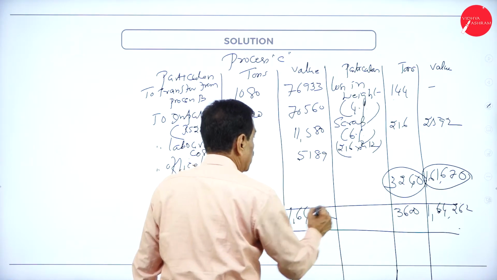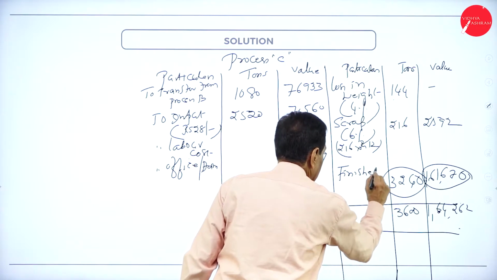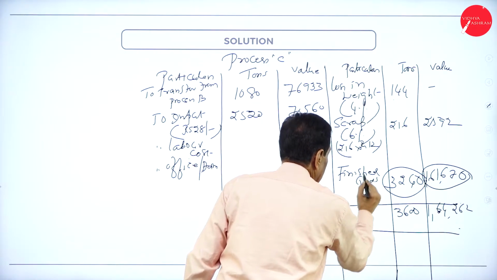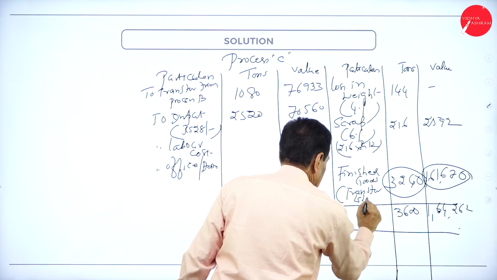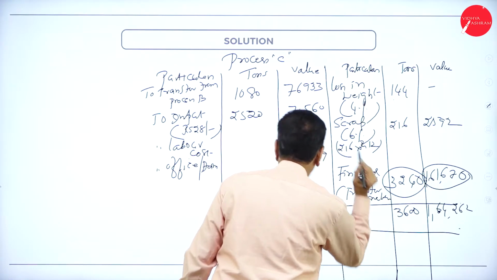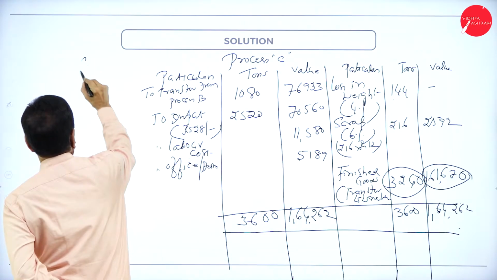Finished goods, transfer to warehouse. Then cost per ton.